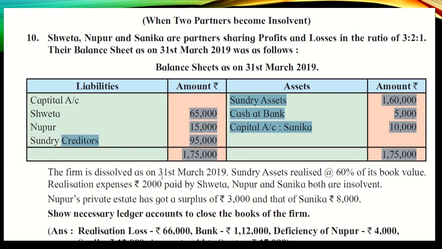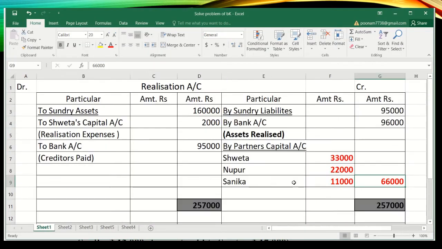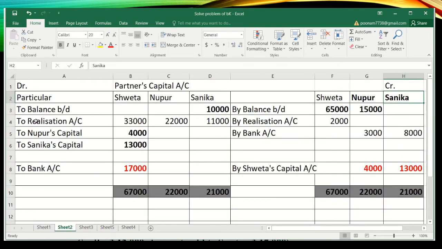So this loss we will write in the realization account individually for the respective partners, 33, 22, 11, and in the outer column the collective loss of 66,000 will be written. Now this loss will be transferred to the partners' capital accounts. Here you can see that 33, 22 and 11,000 I have transferred. So now all the adjustments are done.